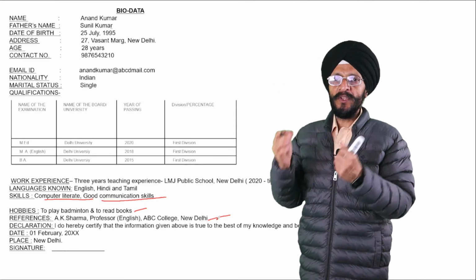But if you receive 50 job applications or resumes per day, then naturally you will have very less time to go through each resume. So the first factor is volume of job applications.